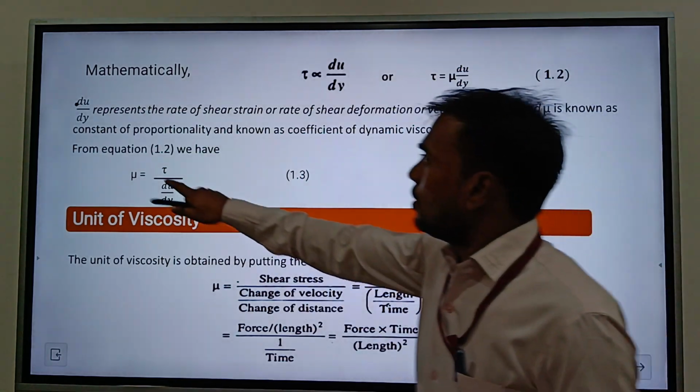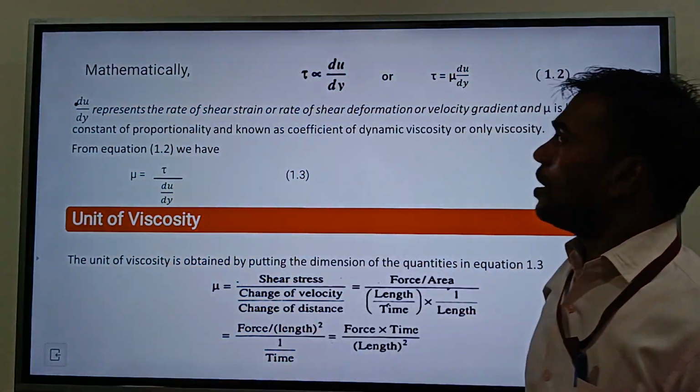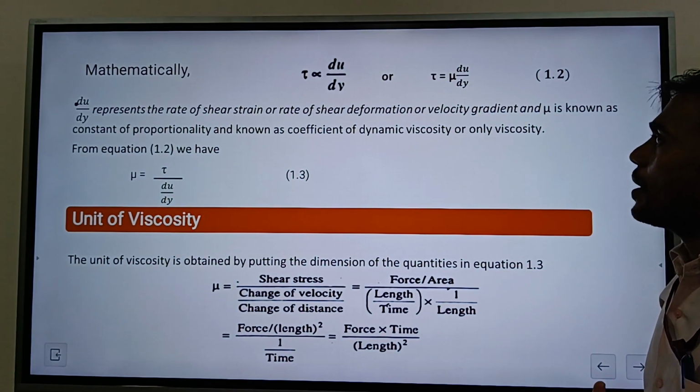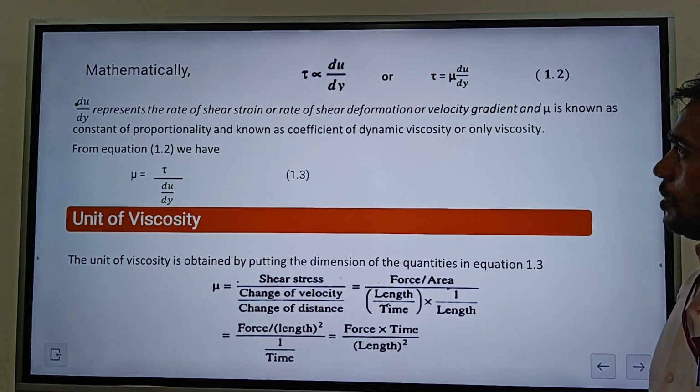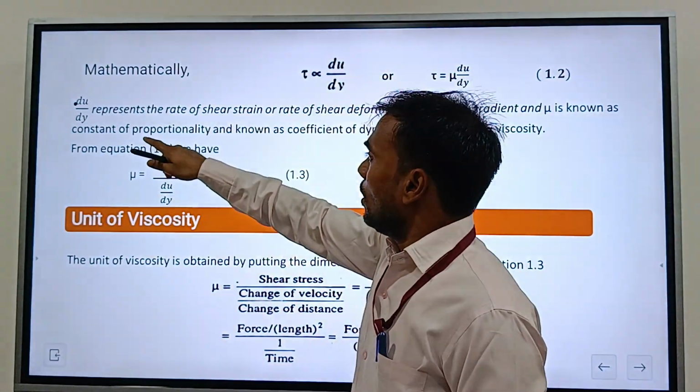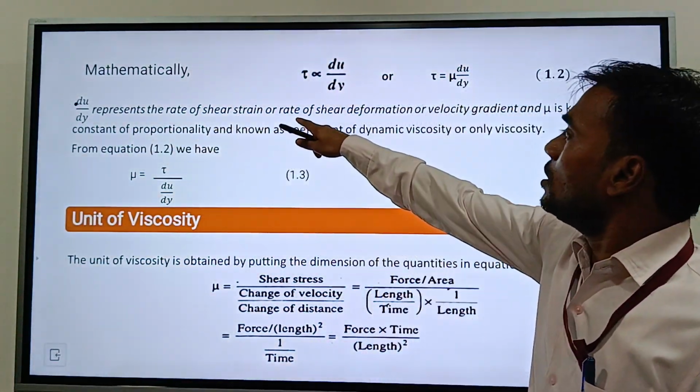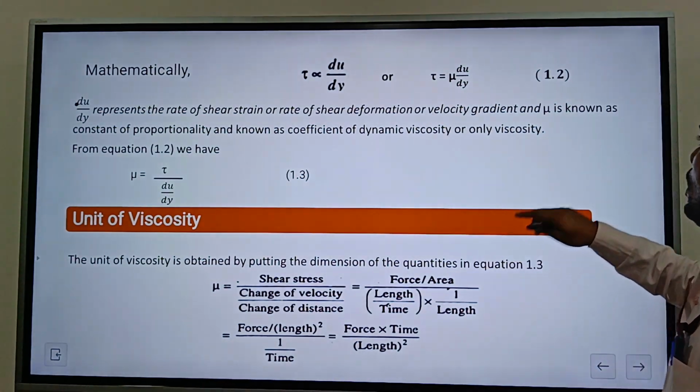Okay, where du by dy represents the rate of shear strain, or rate of shear deformation, or velocity gradient. Du by dy is known by these three names.